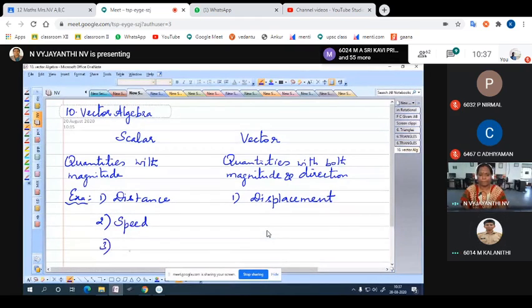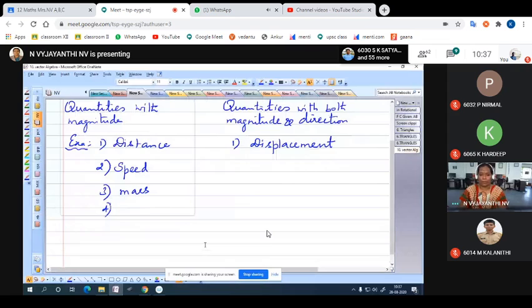Then what else? Mass, then time. All these are scalar quantities.